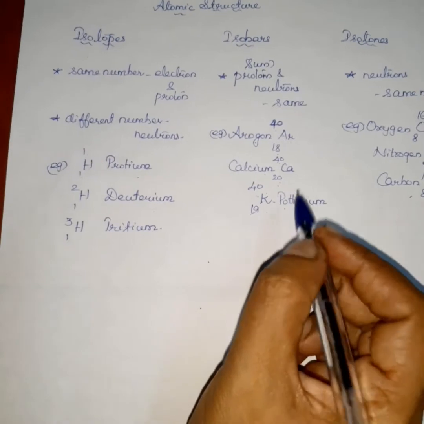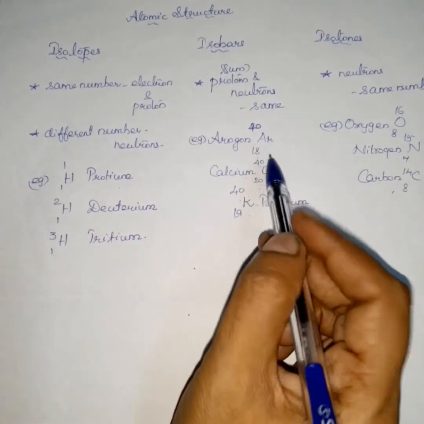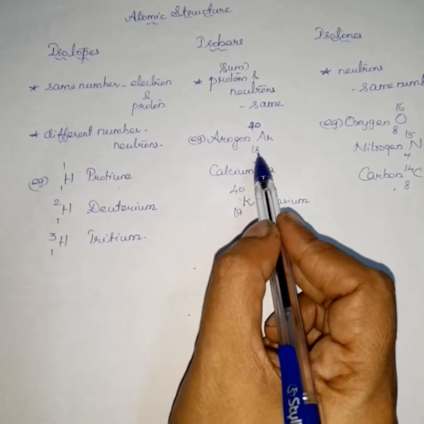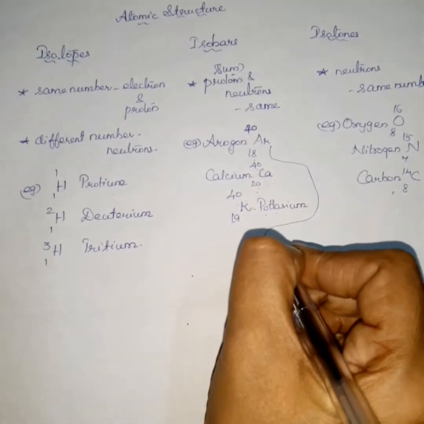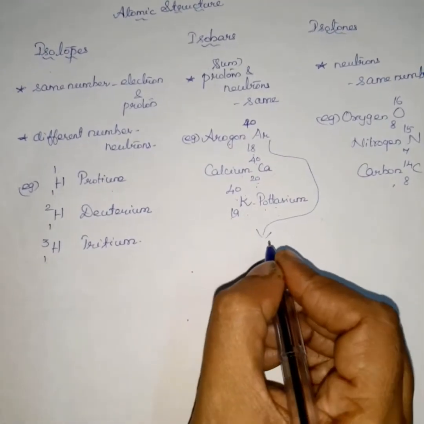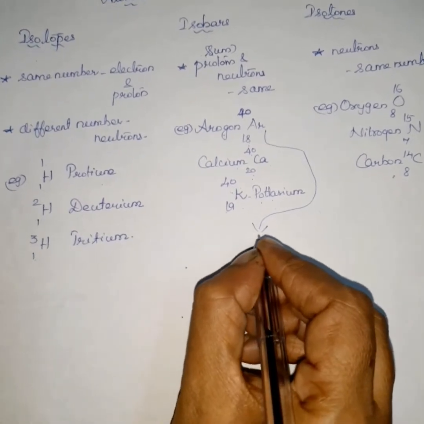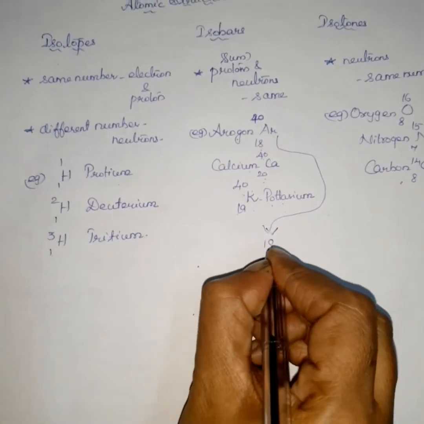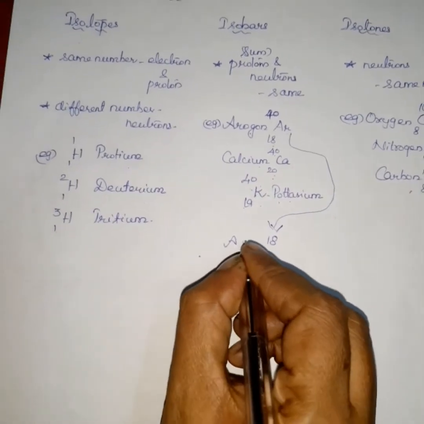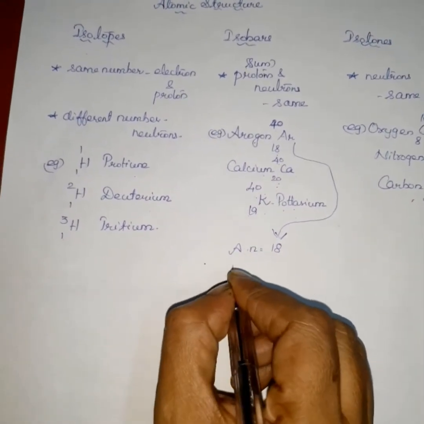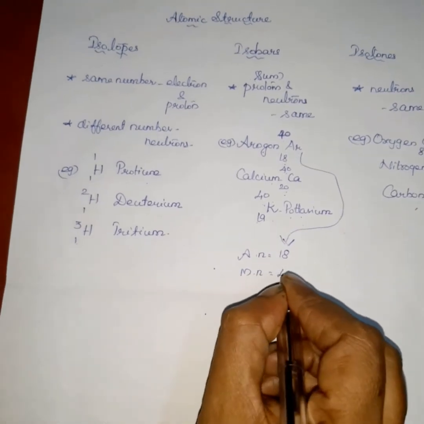Here first consider argon, Ar-18-40. Here the atomic number is 18 and the mass number is 40.